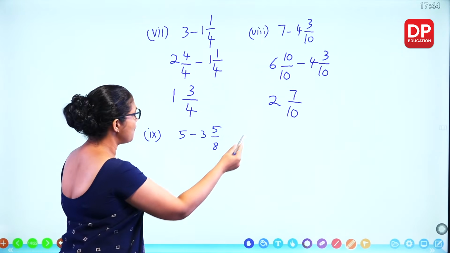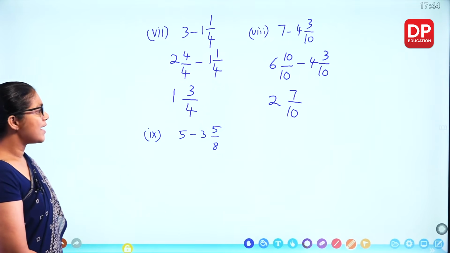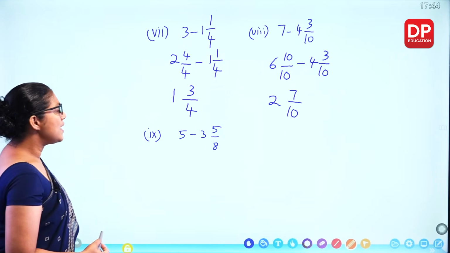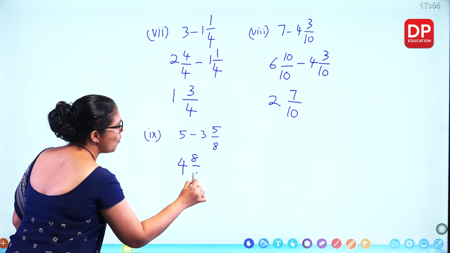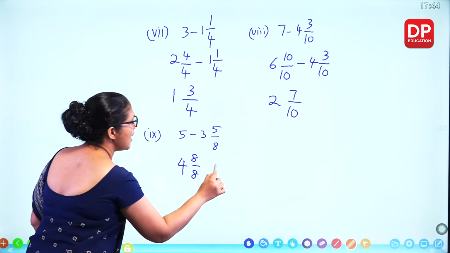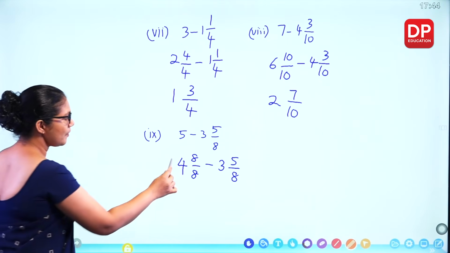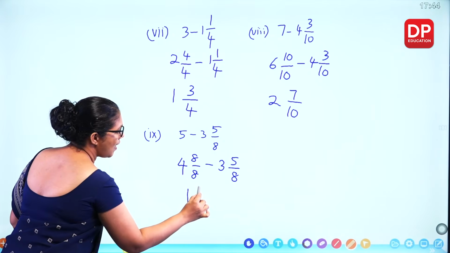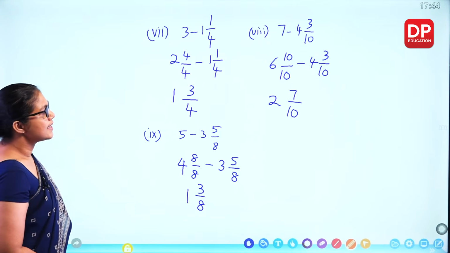You can't simplify it further. Now we'll take this one. 5, how can I write? I have to write it as a mixed number. The denominator is 8. So I can write 4 and 8 over 8 minus 3 and 5 over 8. 4 minus 3, 1. 8 minus 5, 3, and the denominator is 8.